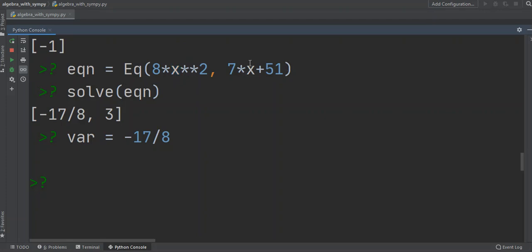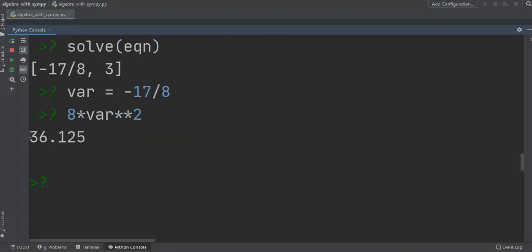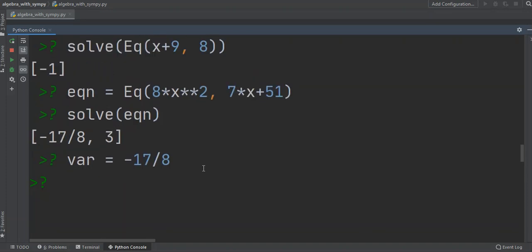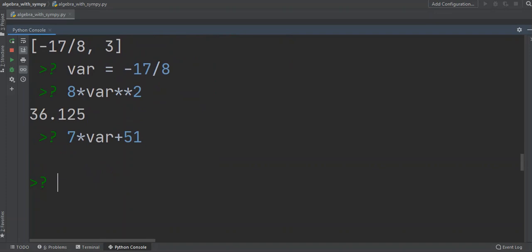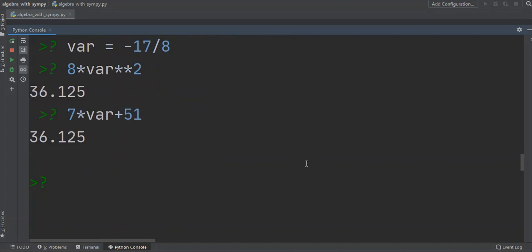We can just instead plug in our variable. So if it was 8 times variable to the power of 2, you get this 36.125. And then on the other side, we had 7x plus 51. So 7 times variable plus 51, is it going to equal 36.125? And it does. Okay, so that's great.